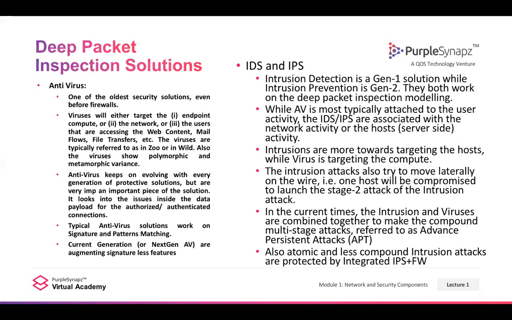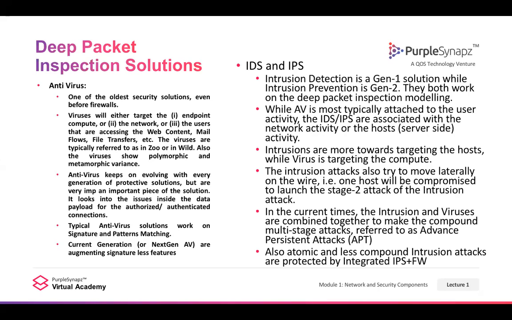In antivirus, most typically the user activity is the objective, where the user is a starting point of communication and tries to bring some wrong things into my infrastructure. So the starting point in viruses is the user activity.